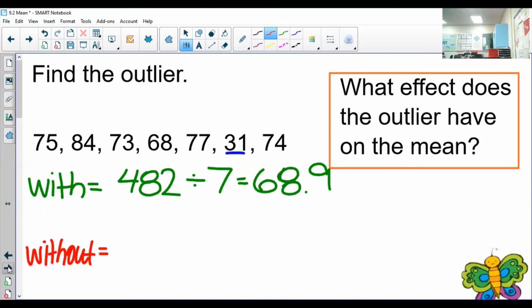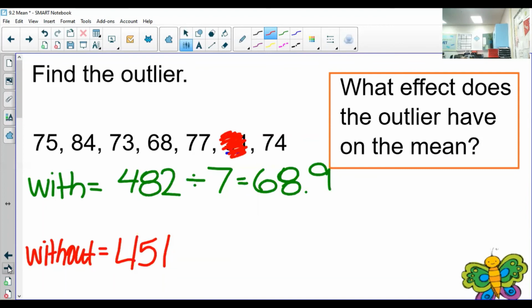Let's do without. Okay, so we're going to take this same set of data, but we're not going to use the 31. So we're going to do 75, 84, 73, 68, 77, and 74. And add those up. You get 451. And how many do we have this time?